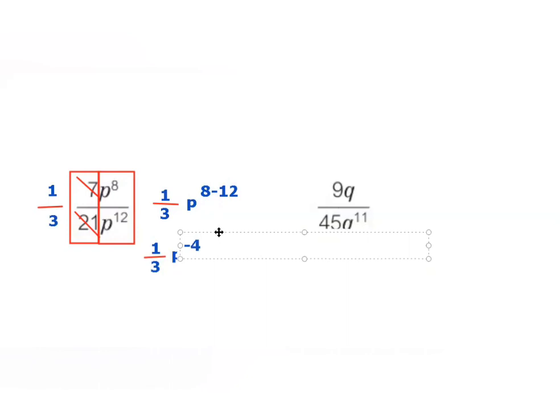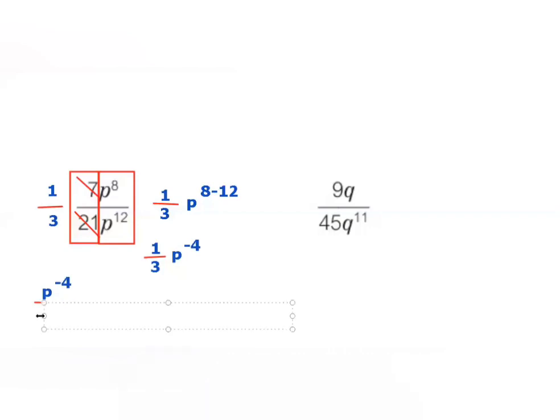So the answer is 1/3 of p power of negative 4. Now you can take the p and multiply it by the 1, and write p power of negative 4 in the numerator, and all of this is divided by 3.